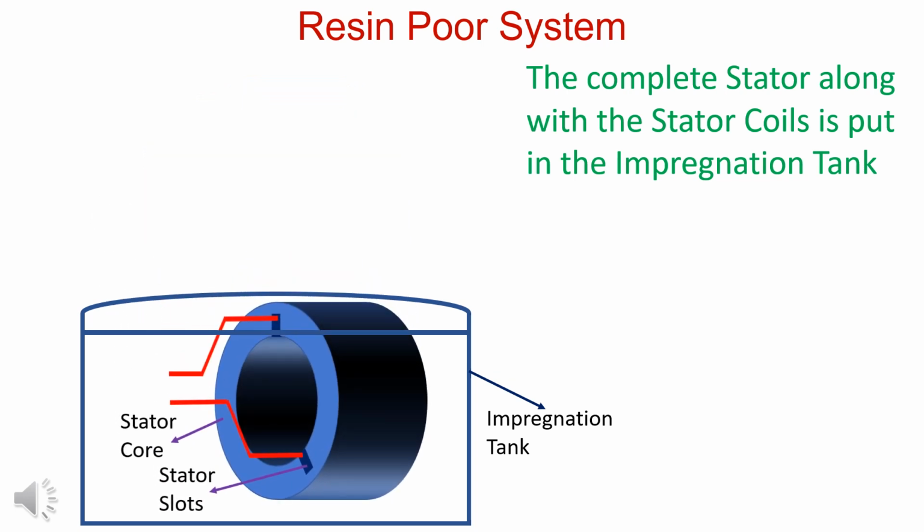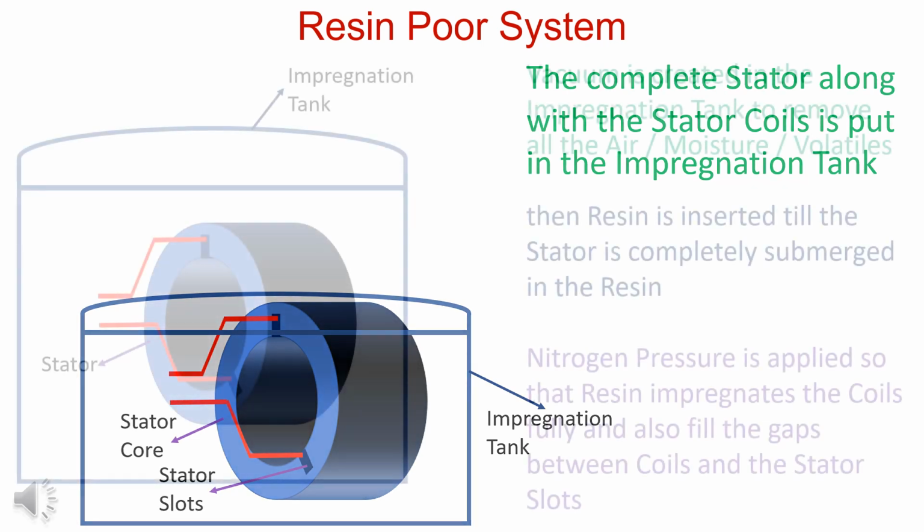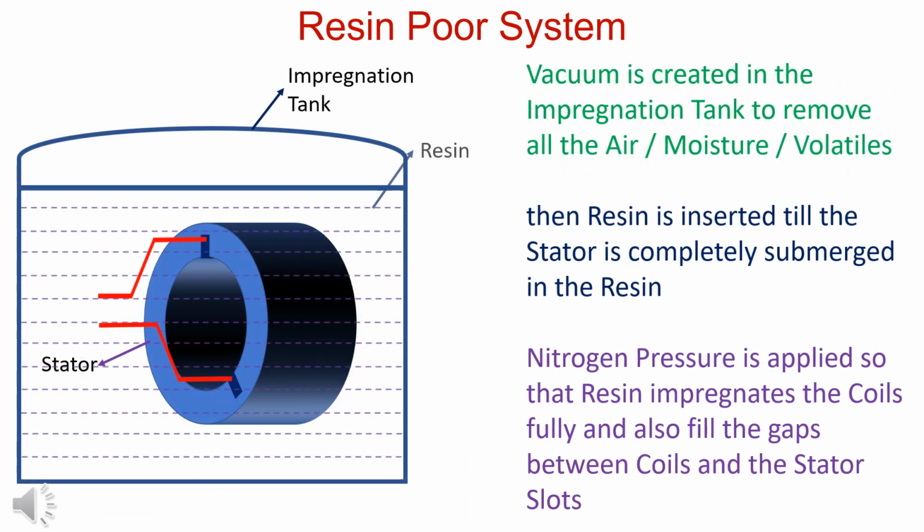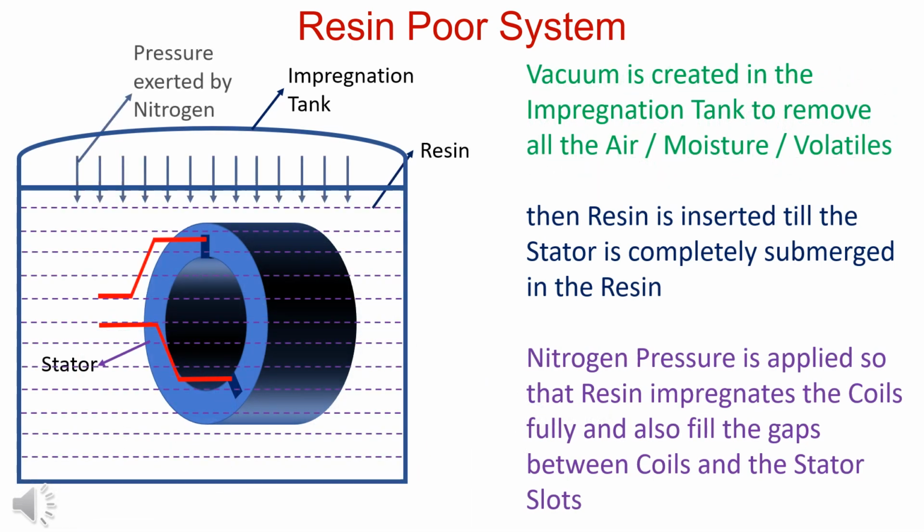The complete stator along with coils is put into the impregnation tank. First of all, vacuum is created to suck the moisture, etc. Then resin is filled in the tank. Nitrogen pressure is applied to impregnate the stator completely.